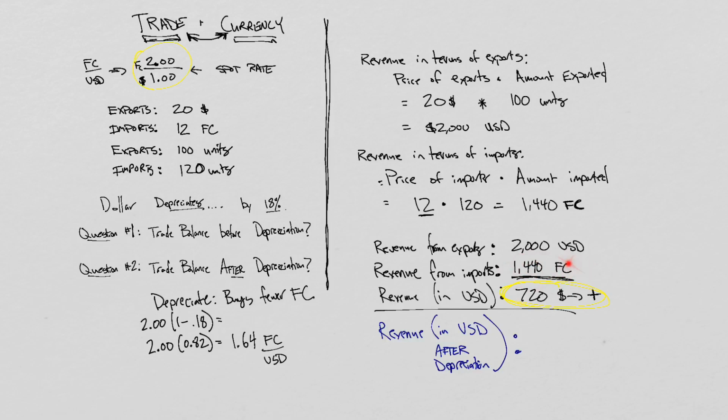And so how do we go from this amount of foreign currency into US dollars? The answer is that we divide. So we take this 1,440 units of foreign currency. We know that $1 buys more foreign currency, and so if we're going to go the other way around, we're going to get a number that's smaller. And to do that with this number, we divide. We take the 1,440 and divide by 1.64.